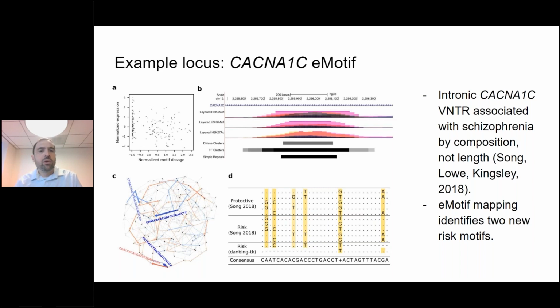And we're able to show that there are a few motifs in this tandem repeat that are associated, somewhat loosely, with a decrease in expression of the gene CACNA1C. We're also able to show that additional motifs from what were discovered in the Song paper, identified as risk alleles for schizophrenia, are also risk alleles for a decrease in expression.